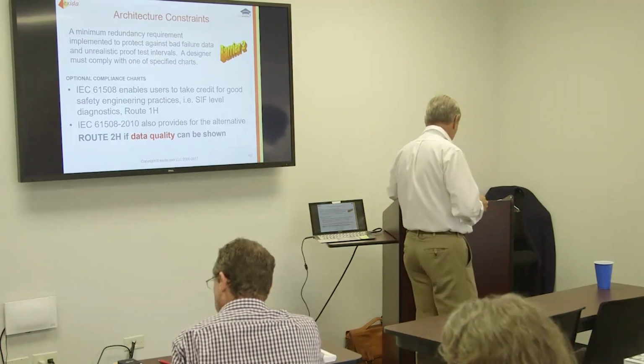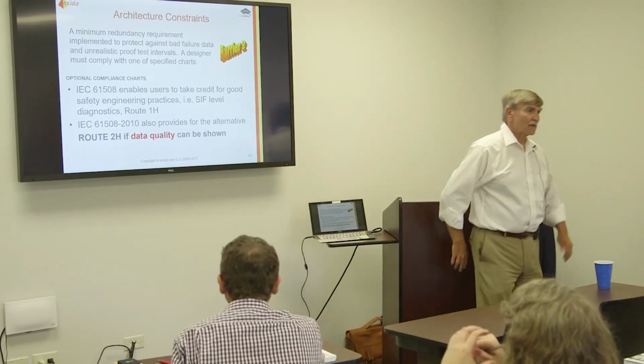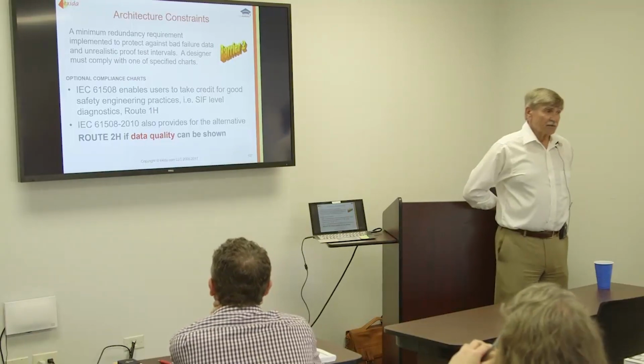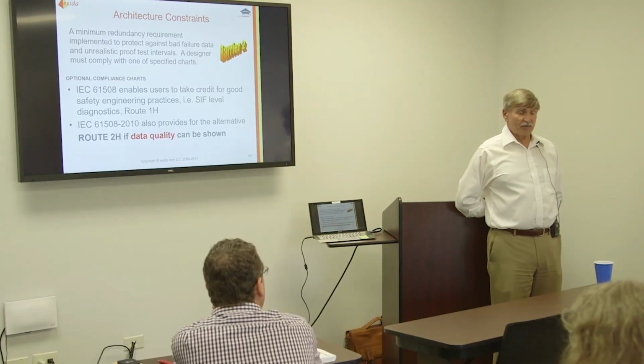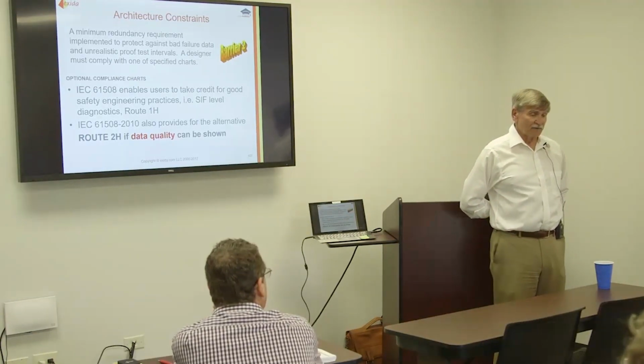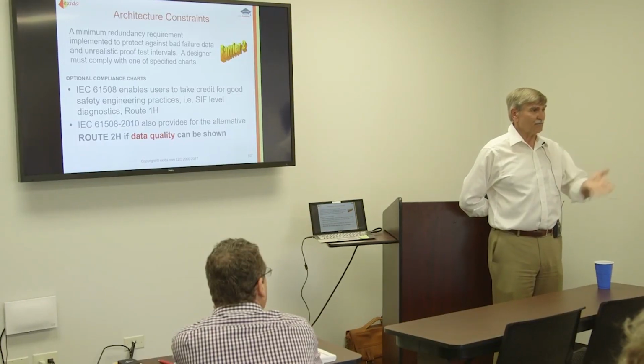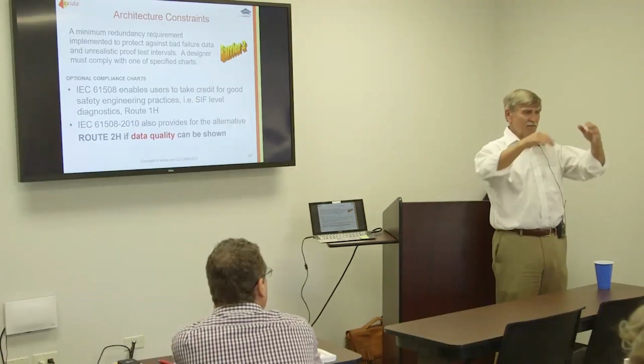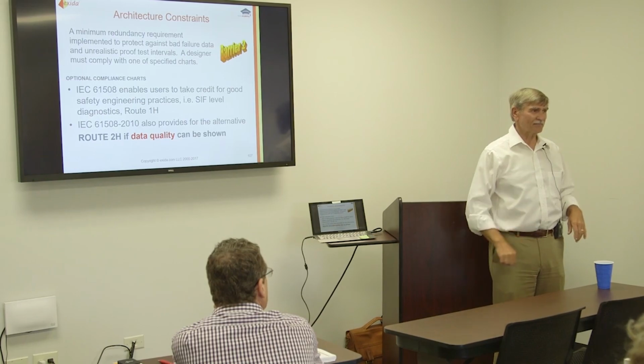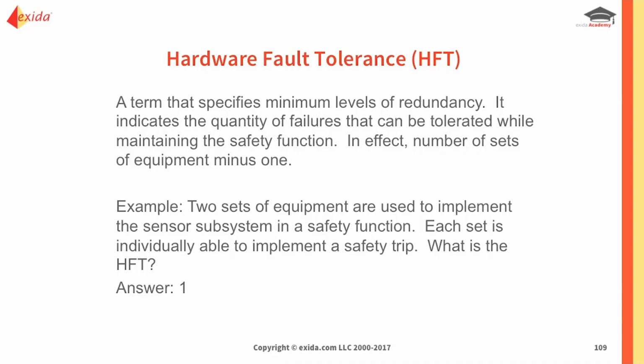And just to be very clear, the architecture constraints were created by a number of committee members who felt the probabilistic approach was not sufficient, and they wanted some extra protection. In 61508, they use the word hardware fault tolerance to mean levels of redundancy.